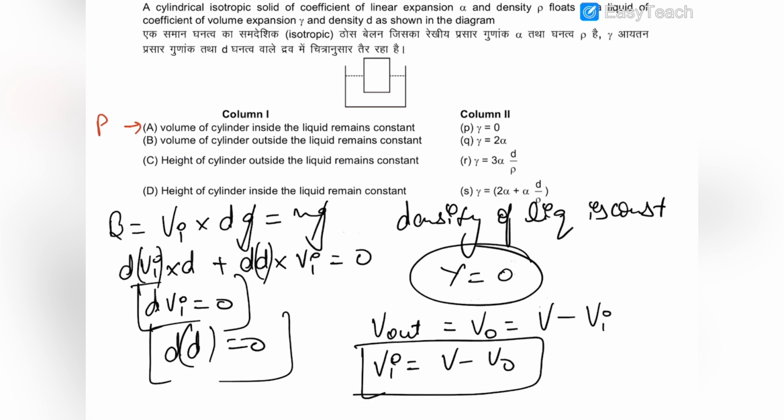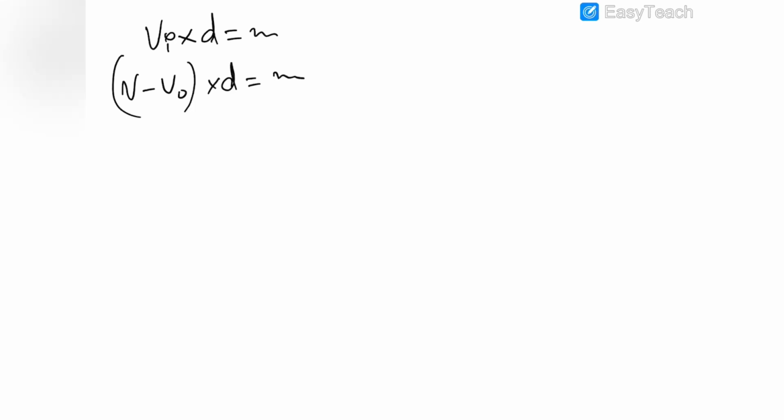In this equation we already know that Vi into D is equal to M, so V minus V0 into D is equal to M, where M is the mass of the solid floating.